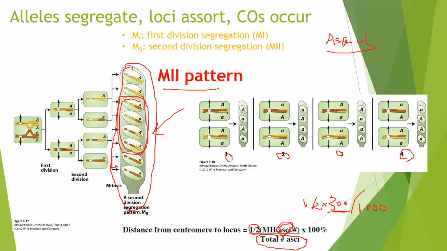For example, if this one crosses with this one, we're going to generate this M2 pattern. If this one crosses over with this one, you're going to generate a slightly different pattern, but you can see they are very similar. So in the test, if I give you some pattern like this, you can immediately pick out whether they are M1 or M2, right? Yeah, I get it now. Thank you. Sure.